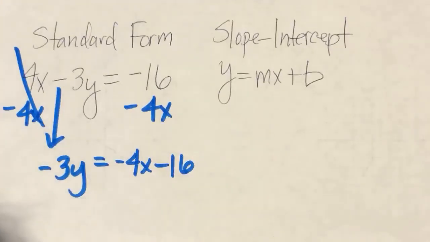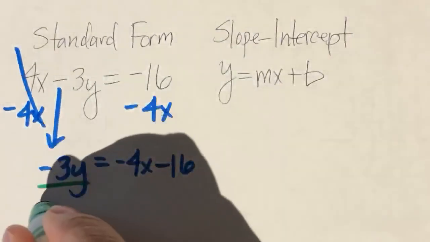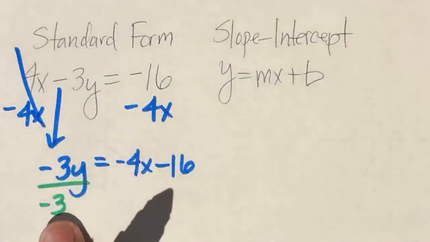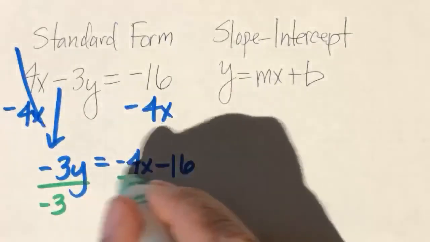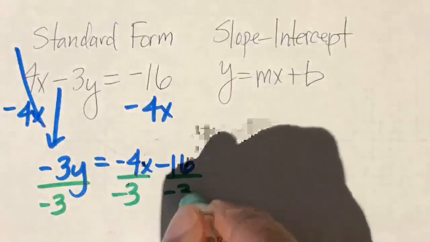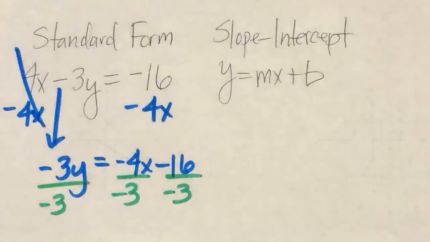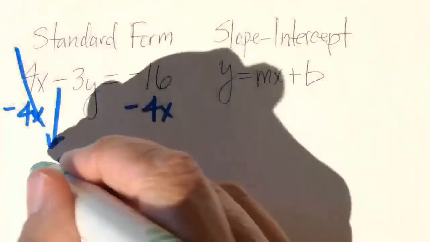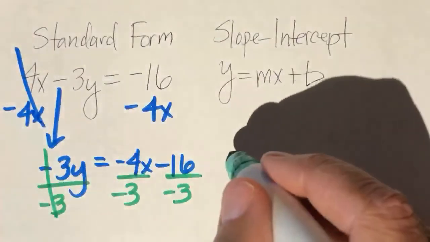All right, so what I'm going to do next is I'm going to get a 1 in front of that y, and the only way to do that is to divide by negative 3. But remember, I have to do the same thing to every term in the equation, every single one. So negative 3, that ends up being y.